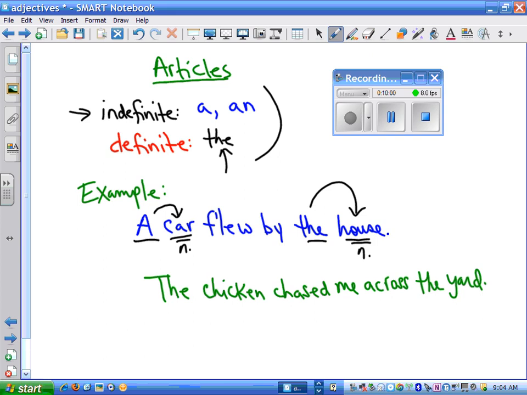Our next sentence, I'm going to let you identify the articles, and hopefully this is an easy task. You'd be like, Mr. Zeverbergen, this is too easy. The chicken chased me across the yard. Just take a moment, identify the articles in that sentence.